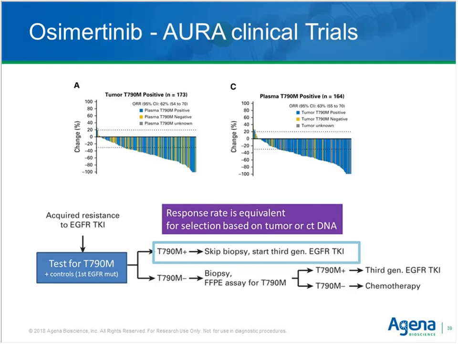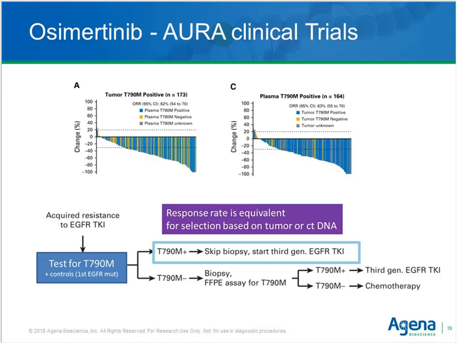So you want to know if that resistance comes up. In that clinical trial, it was shown that T790M can be detected as well from solid tissue as from plasma, so from liquid biopsy. And so this marker was the first one that became an FDA recommendation to start with liquid biopsy.